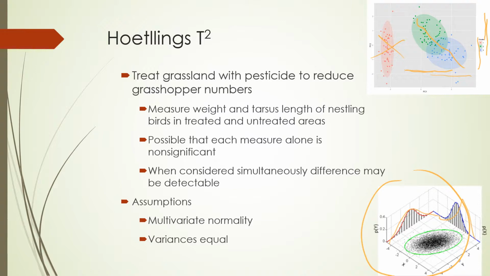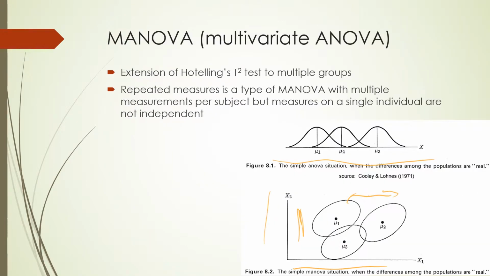The extension of the Hotelling's T-squared test to multiple groups is known as a MANOVA, or multivariate analysis of variance. And again, here you're just collecting a number of response variables, in this case on 3 or more groups.